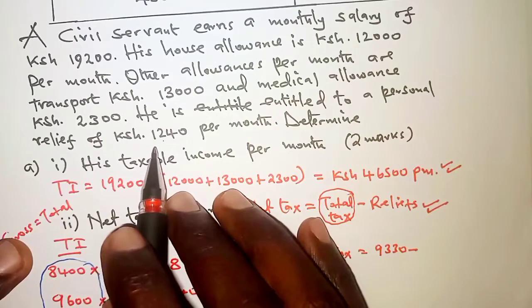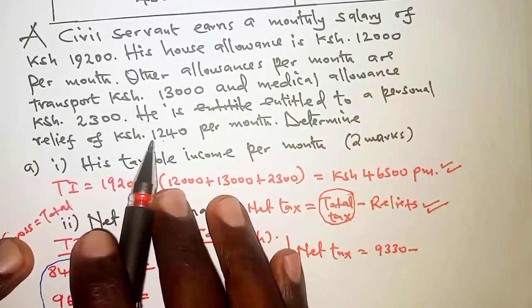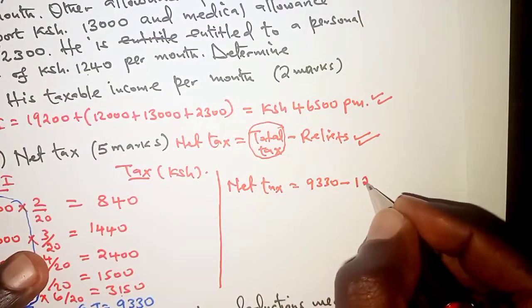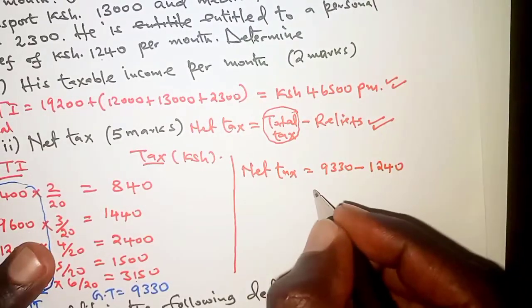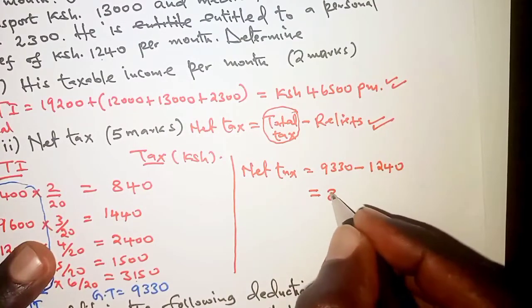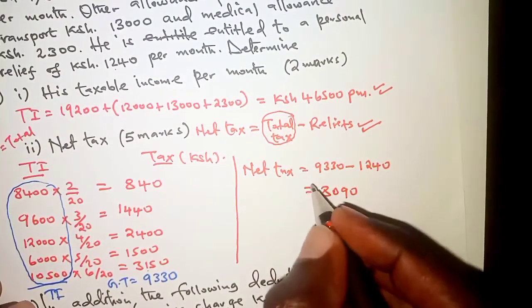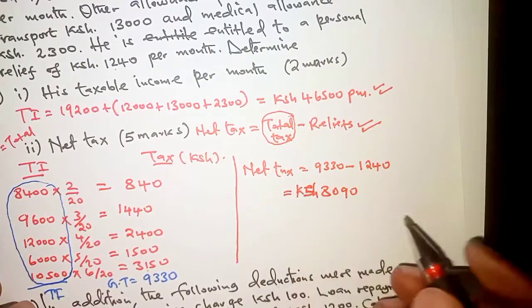And so far we only have one relief here, the personal relief of 1,240. So that is what we subtract, 1,240. And when you do our deductions, well, we have 8,090 Kenyan shillings per month.